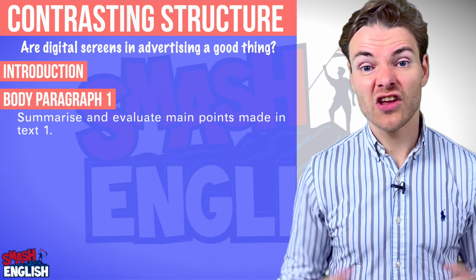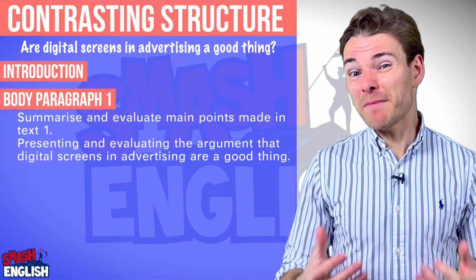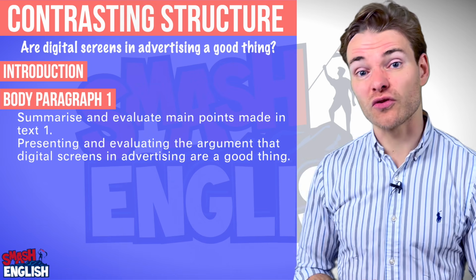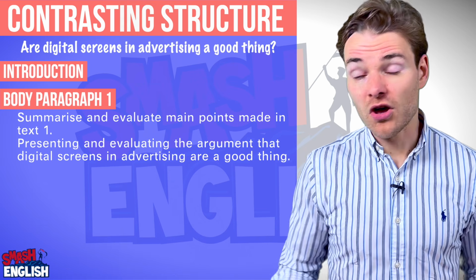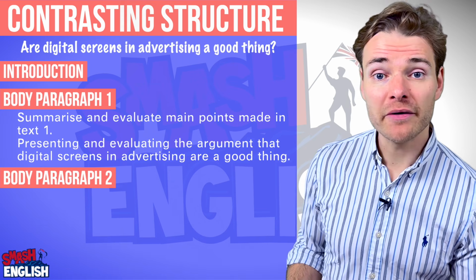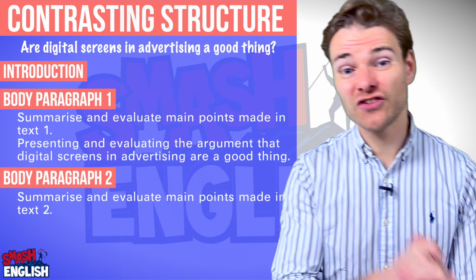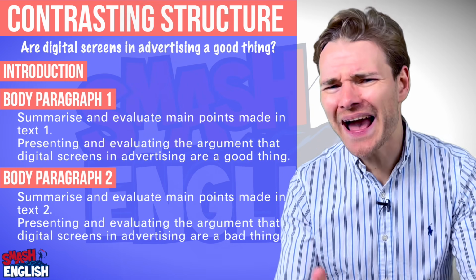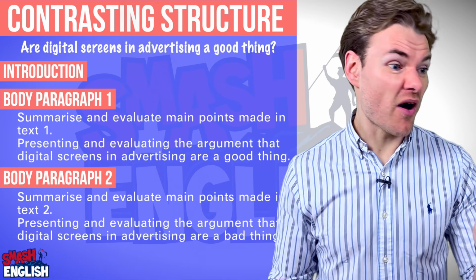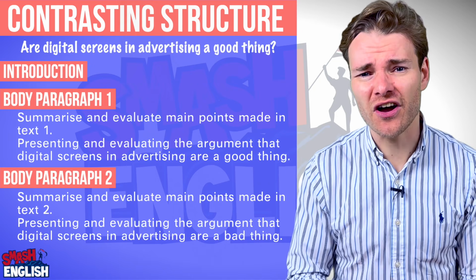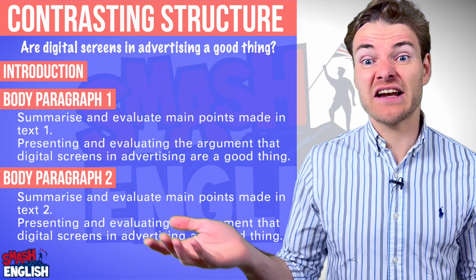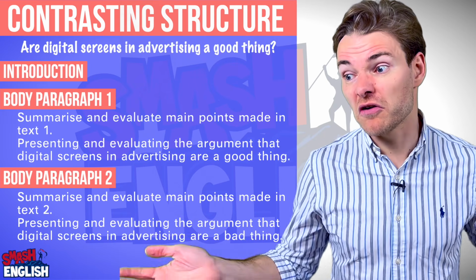So, in essence, paragraph 2 is going to be making the argument that digital screens in advertising are a good thing. My third paragraph is going to summarise and evaluate the arguments made in text 2. So it is going to push back against paragraph 2 by asserting that digital screens in advertising are a bad thing. It's my against paragraph.